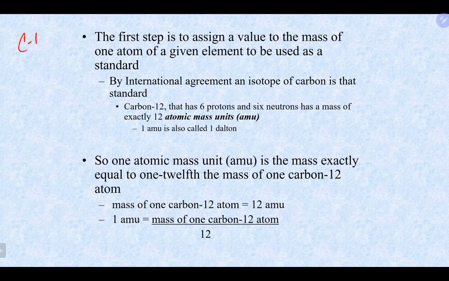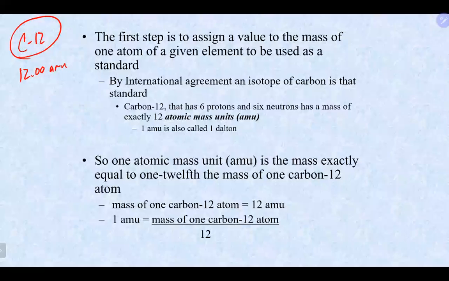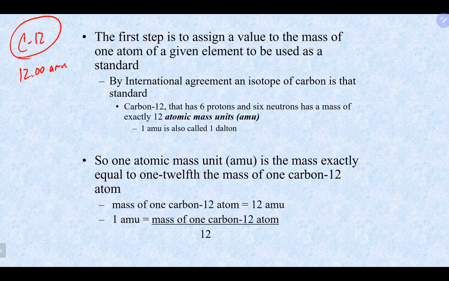It was the carbon-12 isotope that they used as the standard to compare the atomic masses of everybody. The carbon-12 isotope has a mass of exactly 12 AMU, with 6 protons and 6 neutrons. Again, the atomic mass unit is also sometimes referred to as a Dalton. 1 AMU is equal to 1/12 of the mass of the carbon-12 isotope.